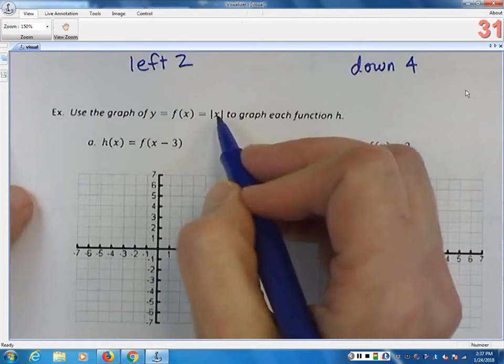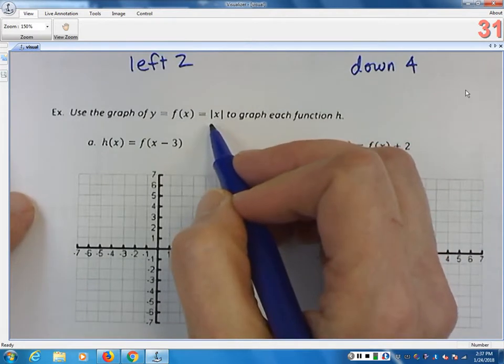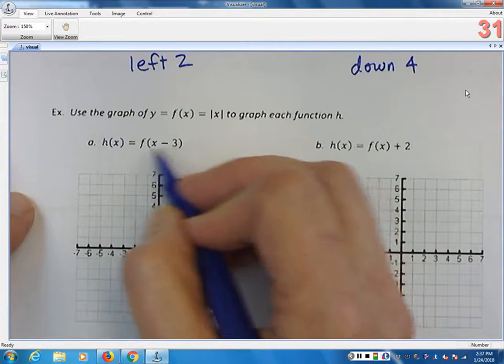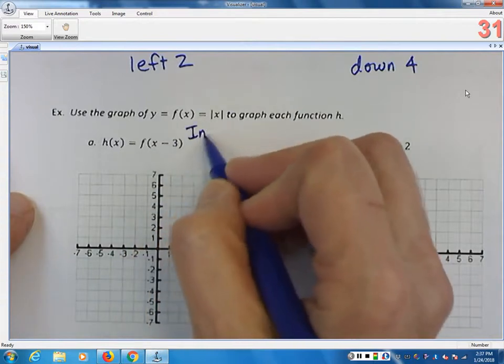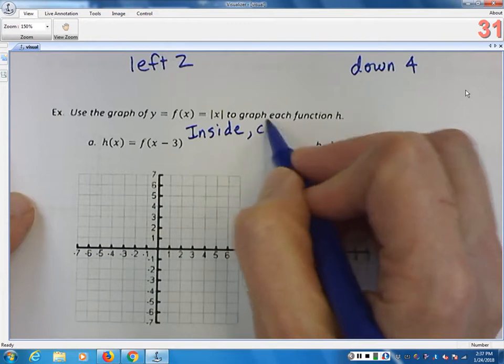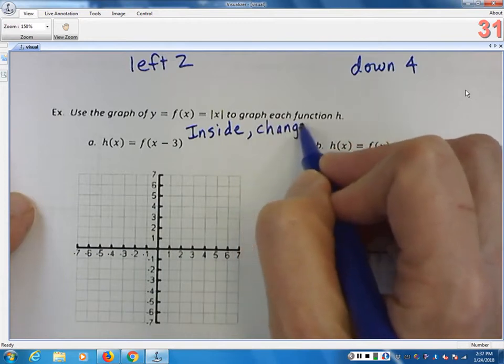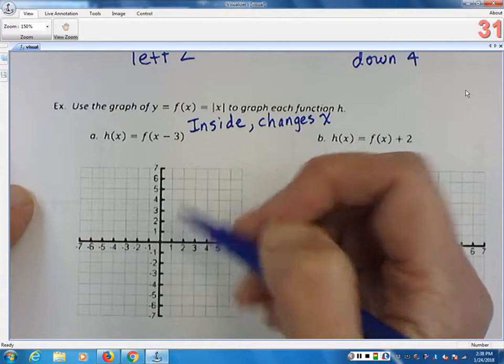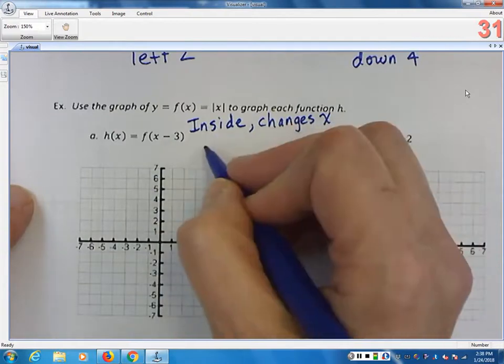What if you have the graph absolute value of x and you want to shift, you're subtracting 3, it's on the inside, that means it changes x and it shifts it the opposite way you would think. Subtracting shifts it to the right 3 units.